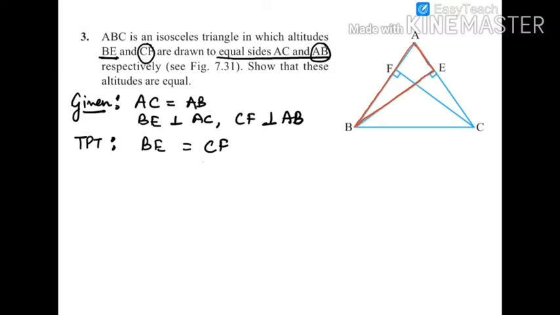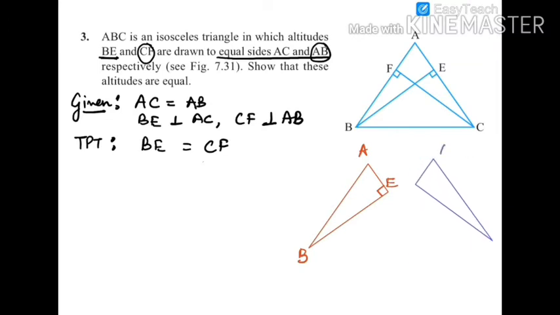Triangle ABE, in which BE is perpendicular to AC, so it is perpendicular to AE as well. Then triangle AFC, FC is perpendicular to AB, so it will be perpendicular to AF.